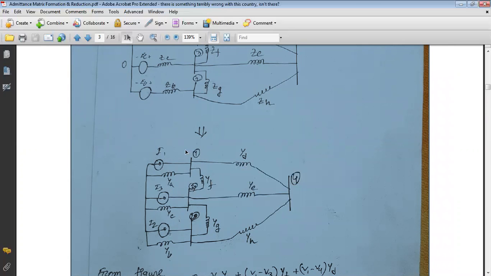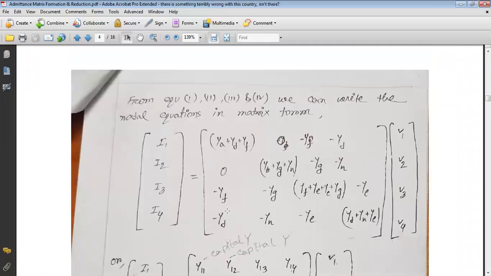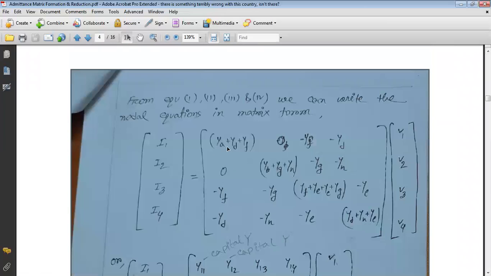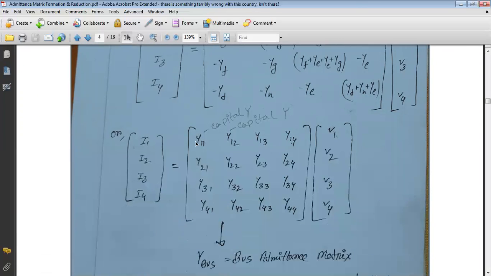So to calculate the self-admittance of bus 1, we have to sum up all admittances connected to bus 1, that is YA plus YD plus YF. That is called self-admittance.